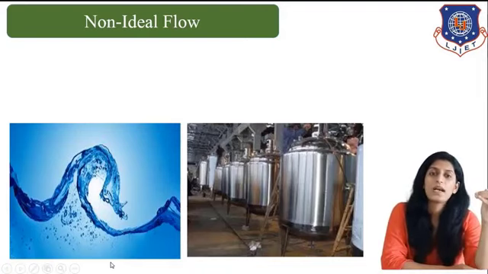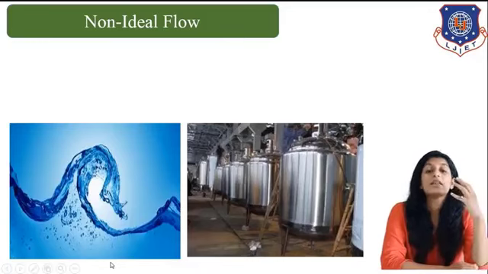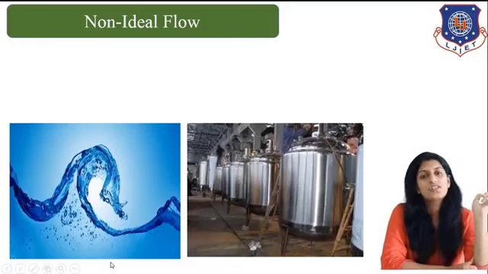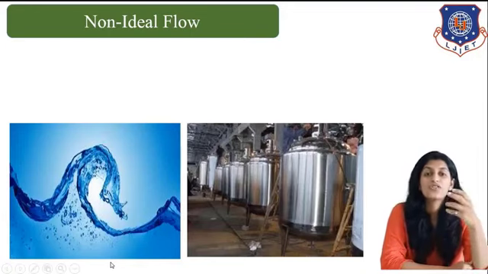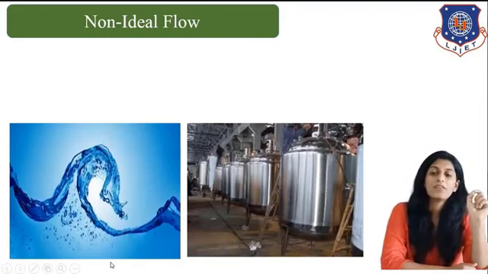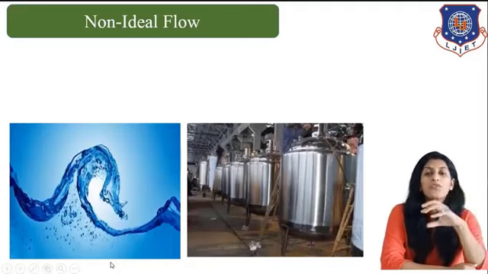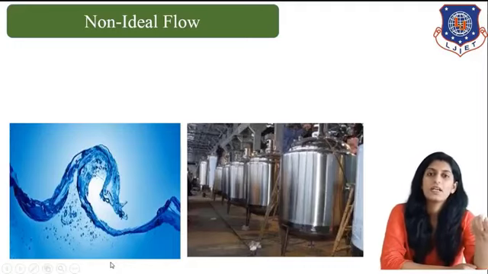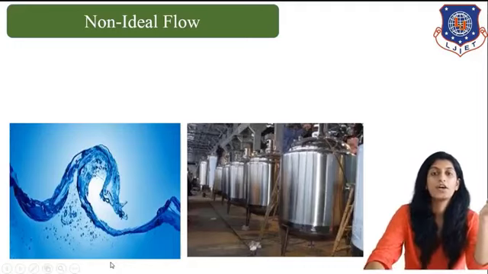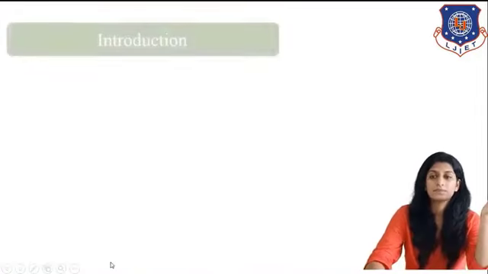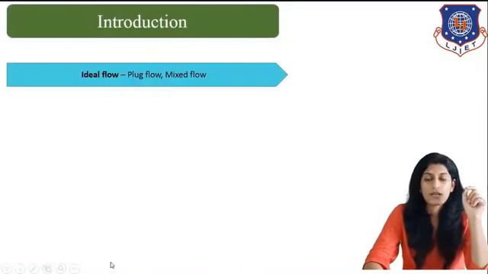In that case, the ideal flow can get deviated towards non-ideality and show other flow patterns. We will deal with all those parameters or factors which are responsible for generating non-ideal flow conditions. So let's start with the introduction.